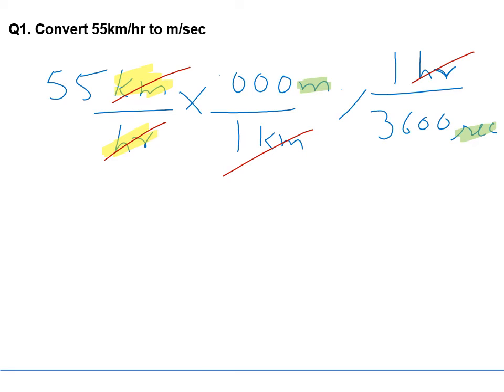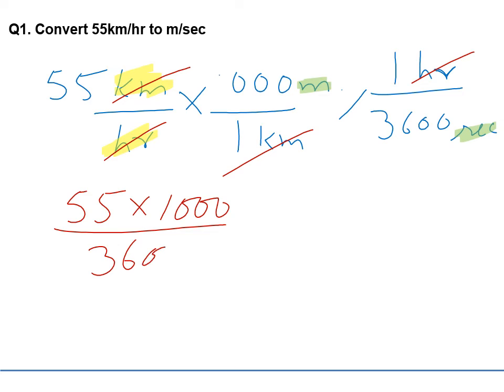So you have 55 multiplied by 1000 divided by 3600, and I guess that is 15.28 meters per second.